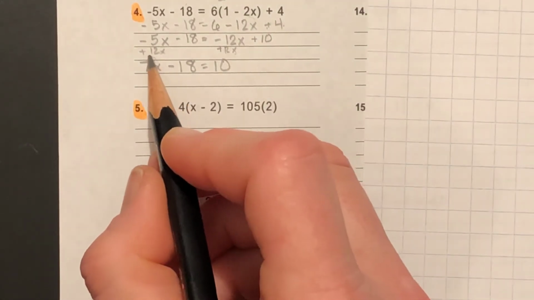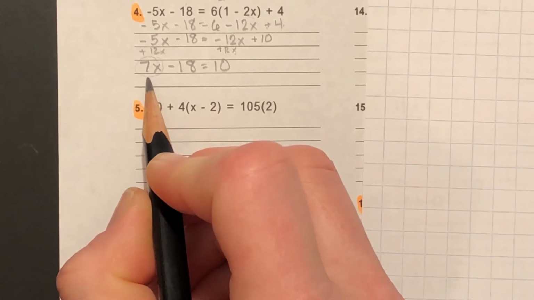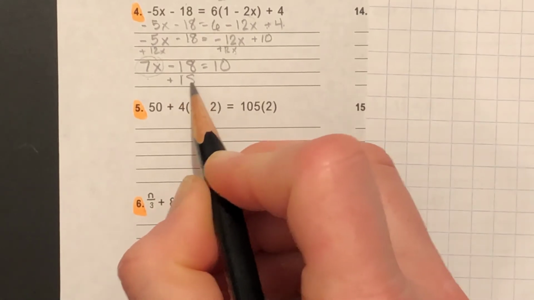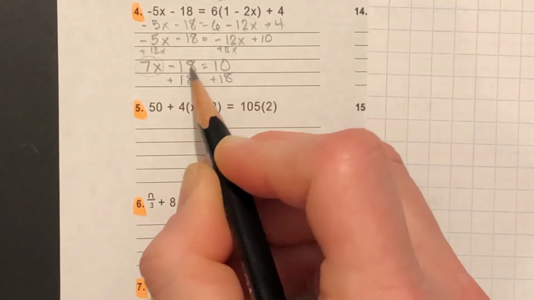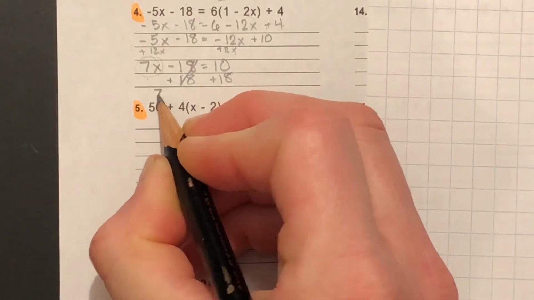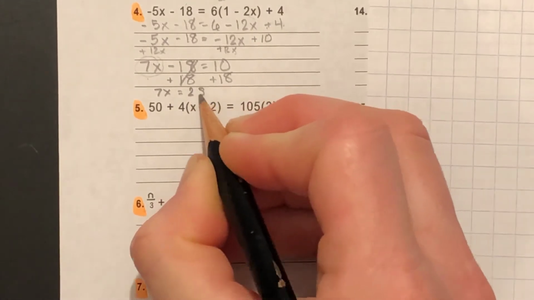Next priority is to get the variable term by itself. To get rid of the minus 18, I need to add 18 to both sides. That gives me, I'm going to write it down here, 7x equals 28.